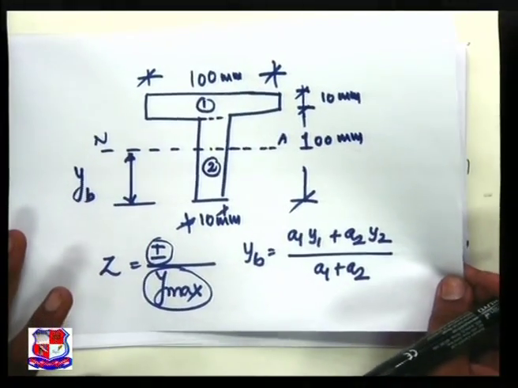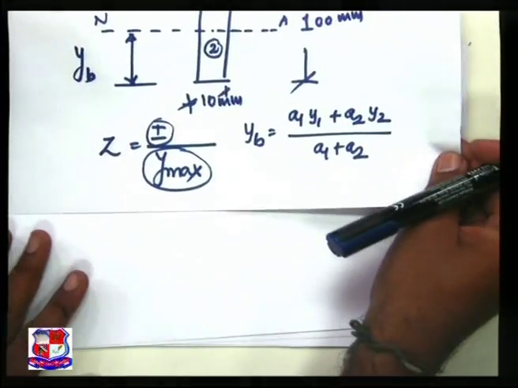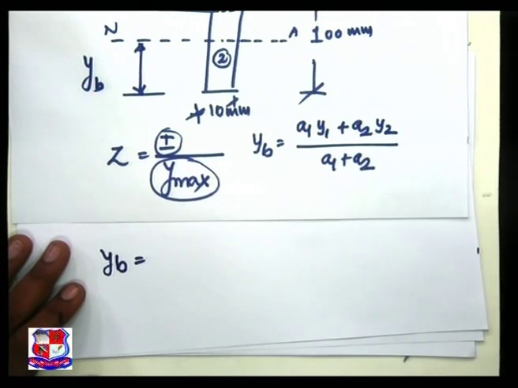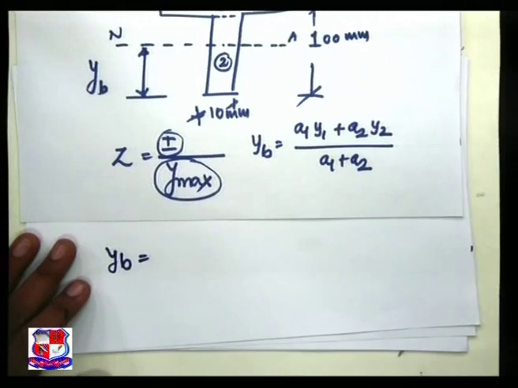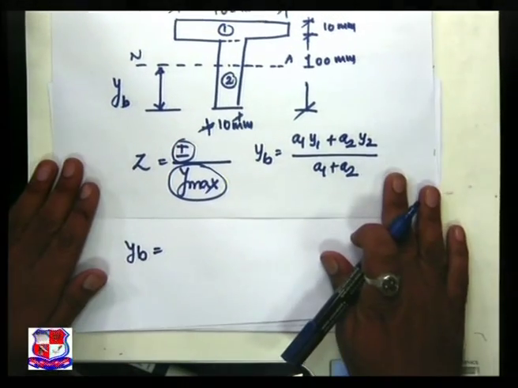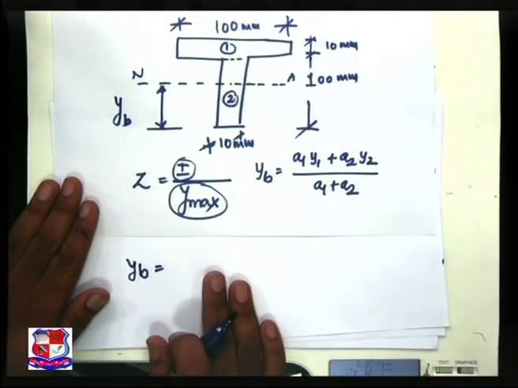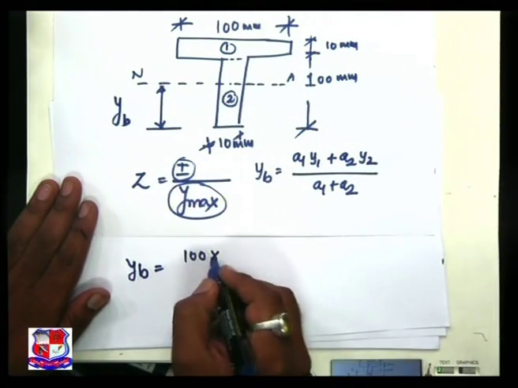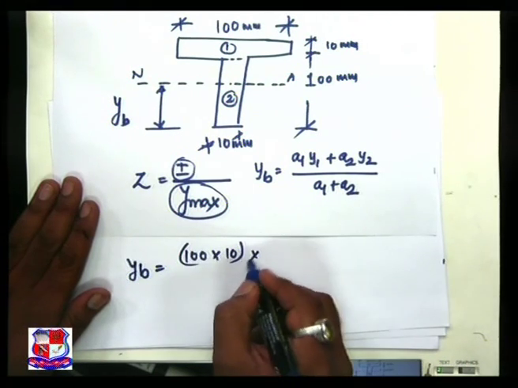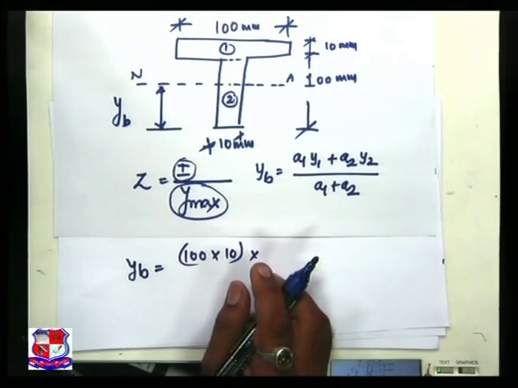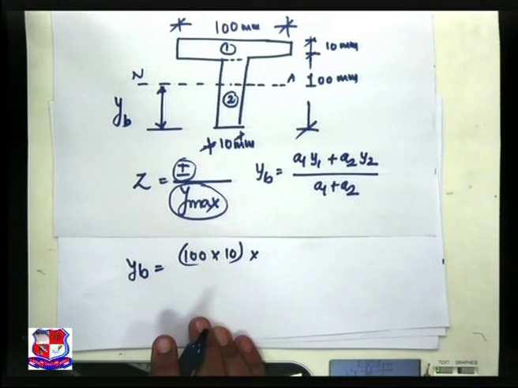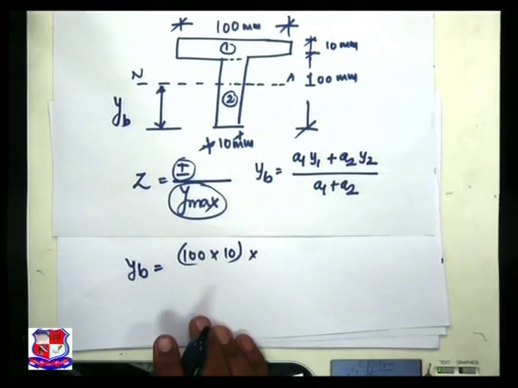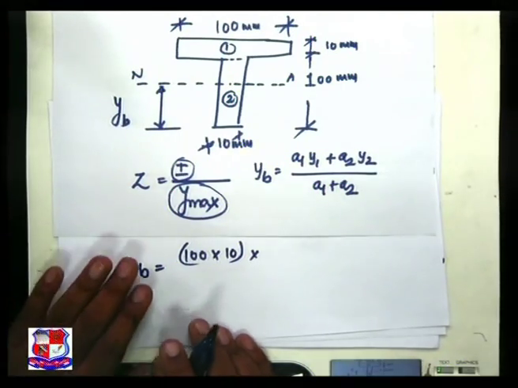So if we proceed further, yb is equal to, what is a1? A1 is the area of the first part, 100 into 10. What is y1?